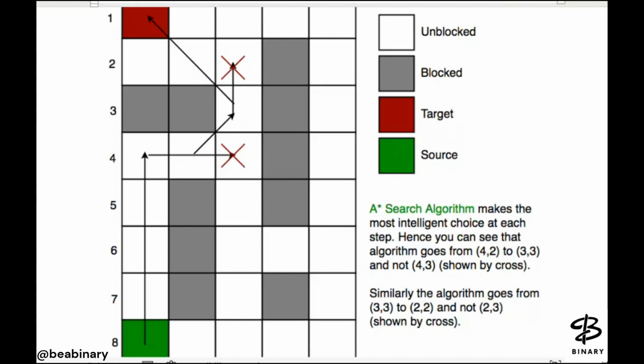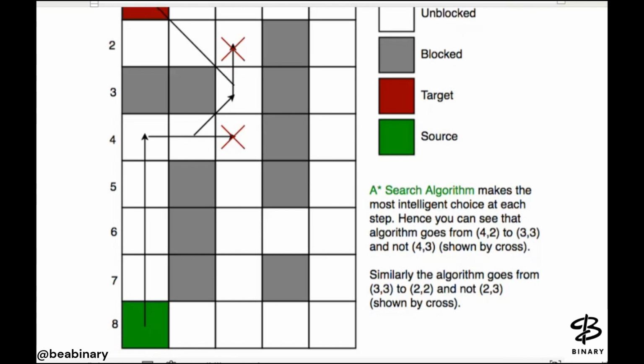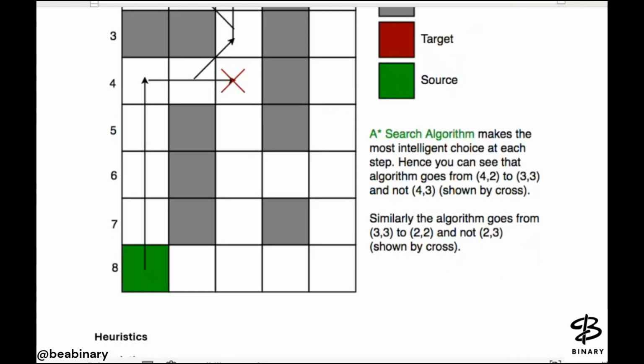It has saved moving one block here from 8 to 1. First it would move from 8 to 4 and then from 4 to 3, but it will not move from 4 to 3 here, it will go from 3 to 3, right? Similarly, the algorithm goes from 3 to 3 to 2 to 2 and not 2 to 3, shown by a cross here.